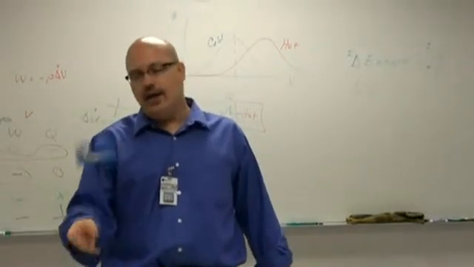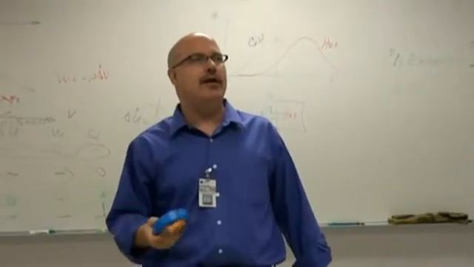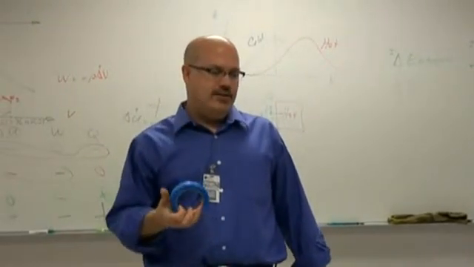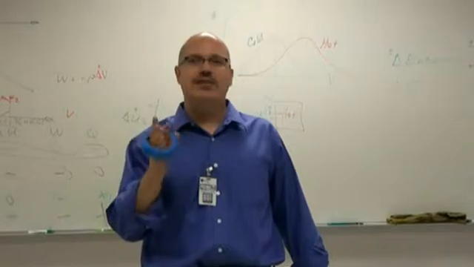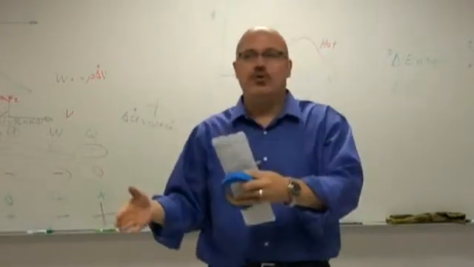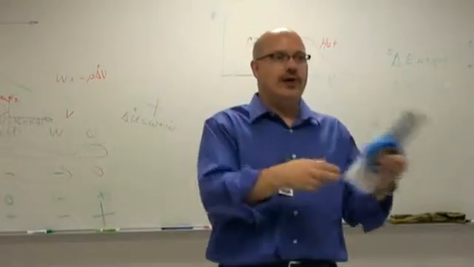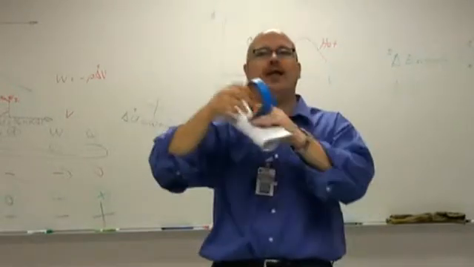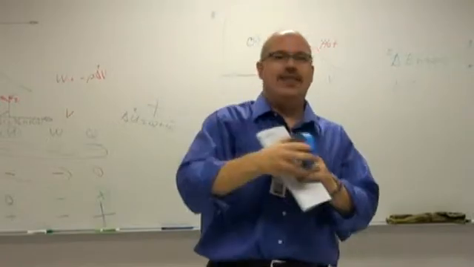If you take a class in college, they'll talk about how it has to do with statistics and the fact that there are so many more different possibilities for disorder than there are for order. Like for instance, when I throw this across the room, all the molecules have to move together, right? That's one condition.